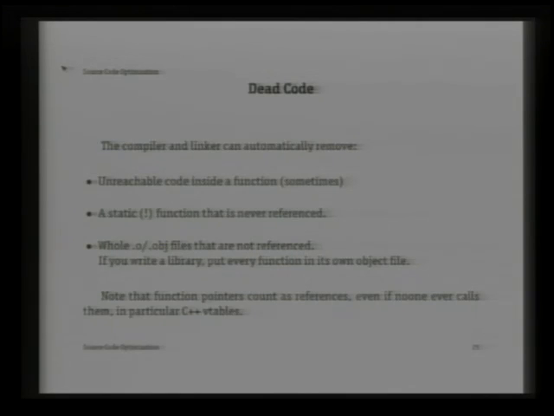Or if you have a break in a function and then another statement below that, or a goto somewhere and then print whatever, then the compiler will know the print can never be hit and not generate code for it. So the compiler can do this within a function. And if it's a static function that's never referenced inside the same file, then the compiler can just remove it from the object file.